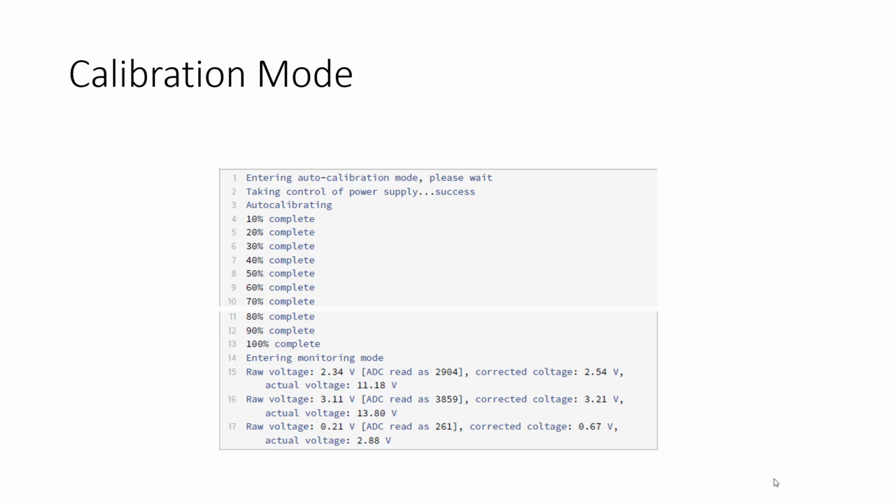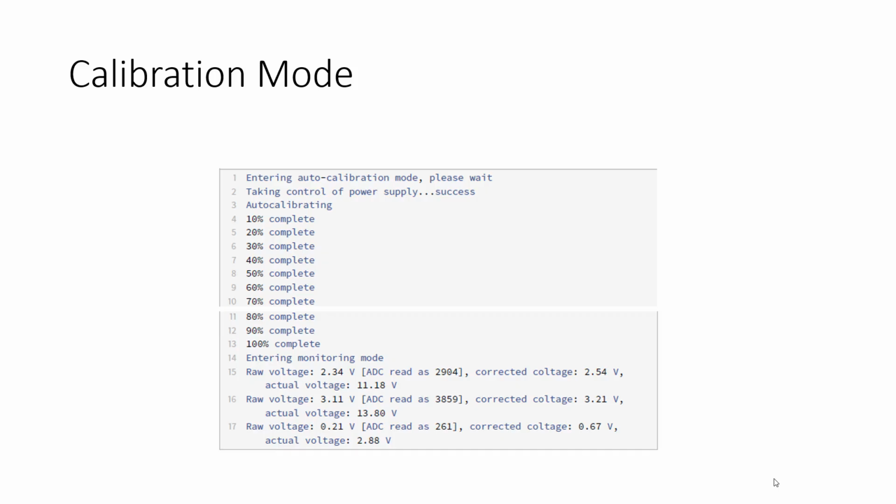Then there's the corrected voltage, which is what your model gives you. But then you have to correct it again for the voltage divider. So you take this and divide it by 43 over 10, 43 tenths, and that gives you the 11.8. That's what's actually going to be on the power supply.